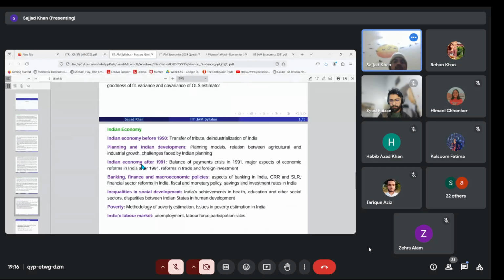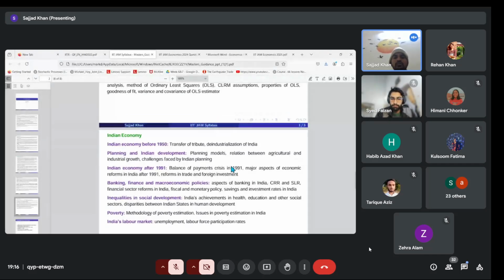Then the 1991 LPG reform. They generally ask questions from the liberalization perspective. BOP, the balance of payments, is another important topic, or I can say some data will be given to you on the basis of this. They may relate it with the Mundell-Fleming model, because it is also based on the BOP. It is from international data, so this kind of correlation may be there.